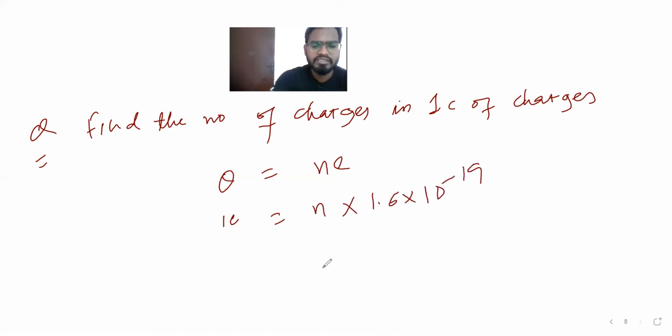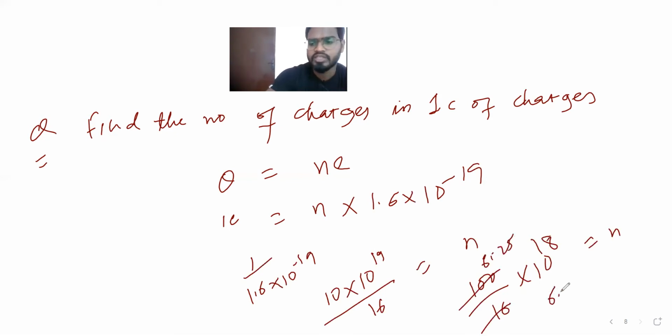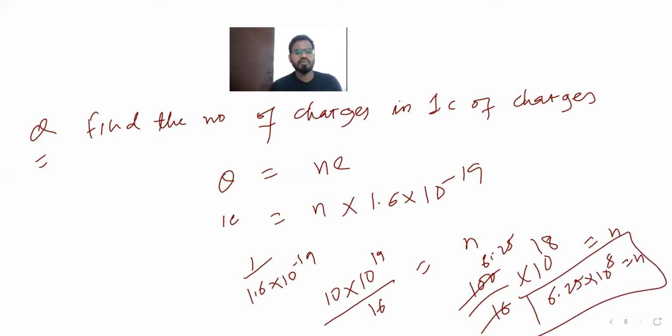So 1 divided by 1.6 times 10 to the power of minus 19 gives 10 times 10 to the power of 19 divided by 16, which is n. Taking the 10 here, 100 by 16 times 10 to the power of 18 is n, which is 6.25. So 6.25 times 10 to the power of 18 is n. That is the number of charges present in 1 coulomb of charge.